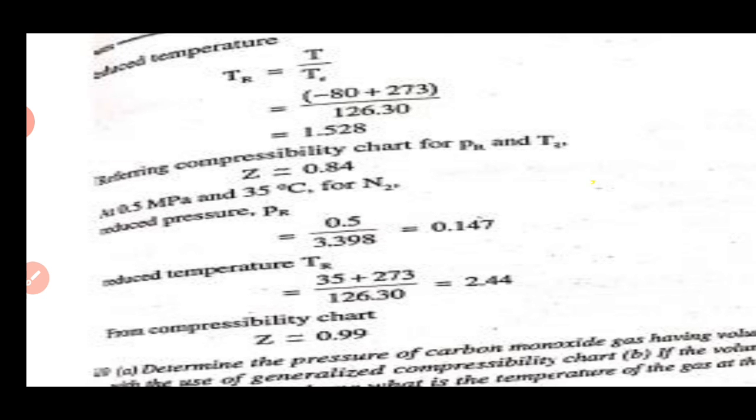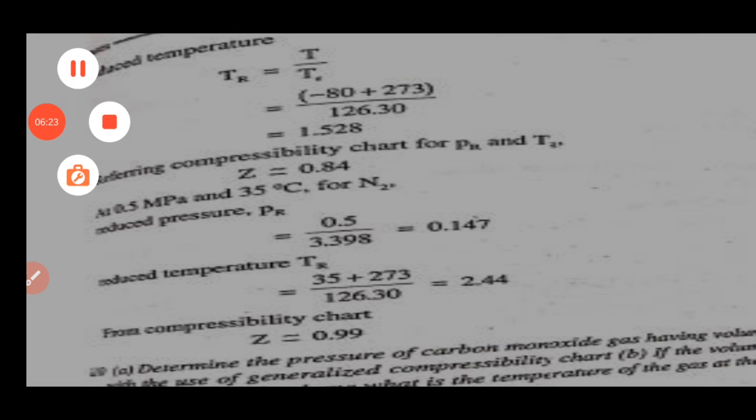You get 2.44. So here the reduced pressure is 0.147 and the reduced temperature is 2.44. Now we shall see the compressibility chart.